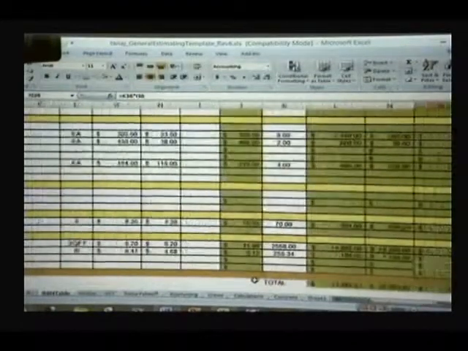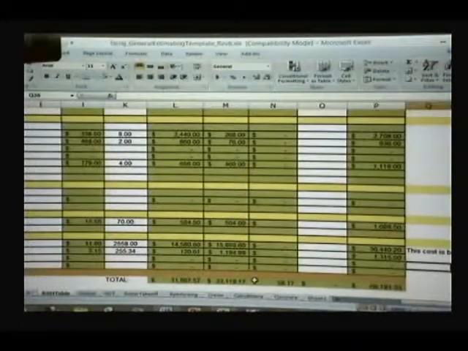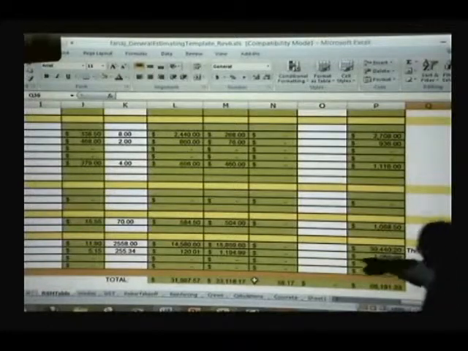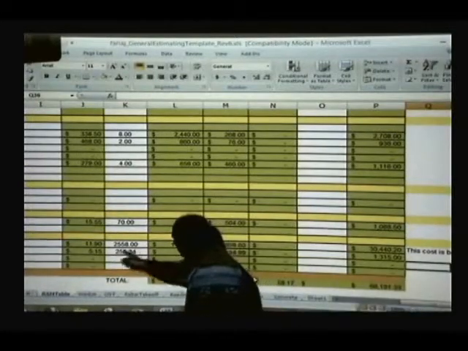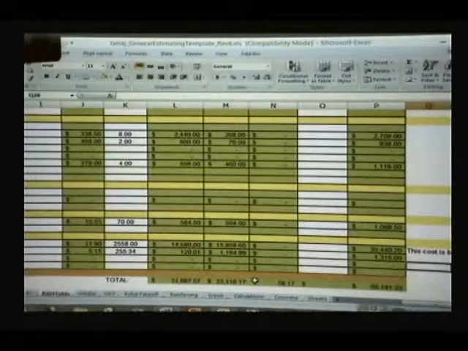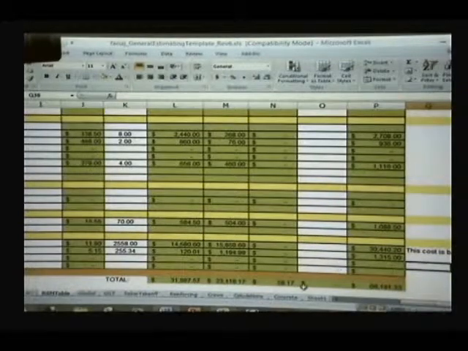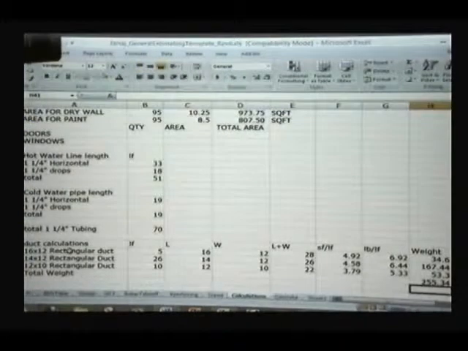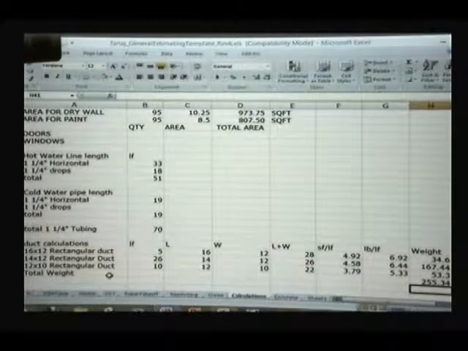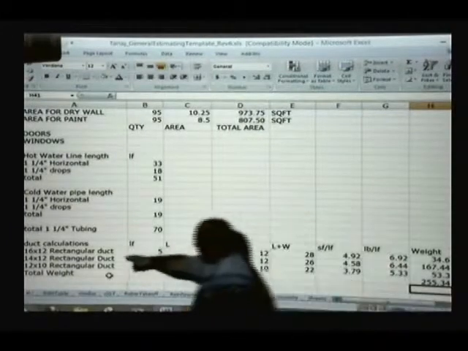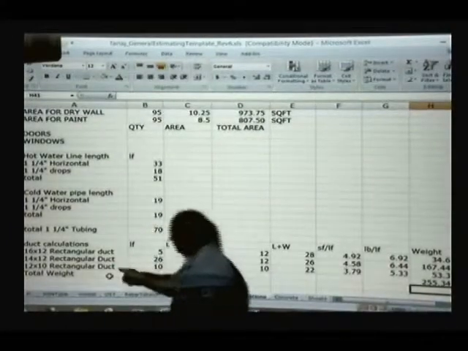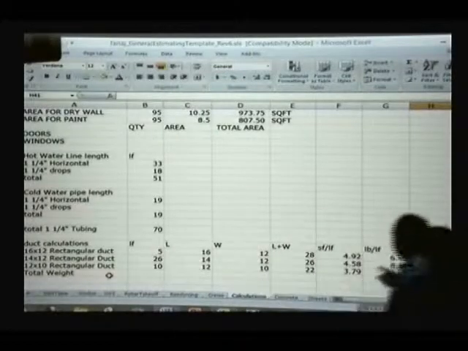And now my cost goes up to 1,300. So in this weight, I have the weight of the three sections that I have taken off in calculation: the 16 by 12 rectangular duct, the 14 by 12 rectangular duct, and the 12 by 10 rectangular duct.